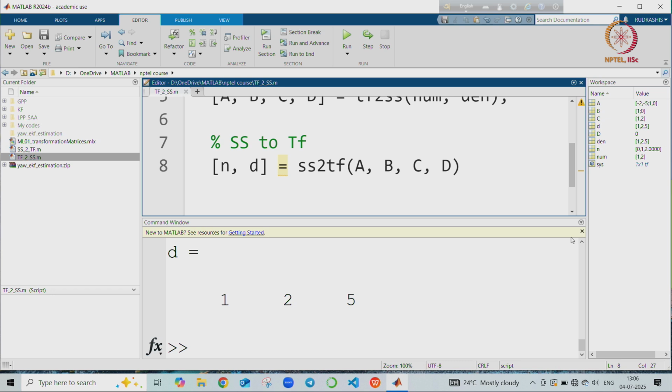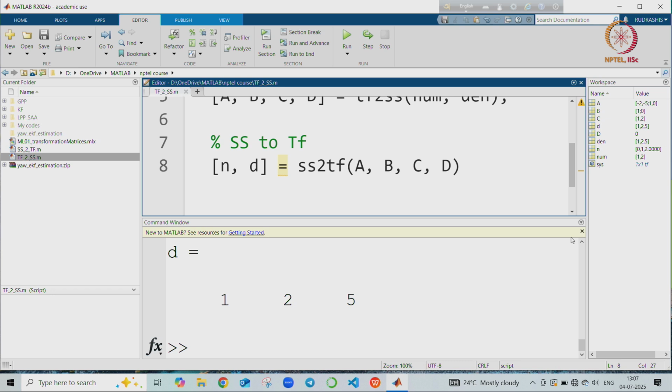From that transfer function you can analyze whether it is a first order, second order or third order system, where the control input will come, which input is serving as a control input in the system, and which state is serving in that way.